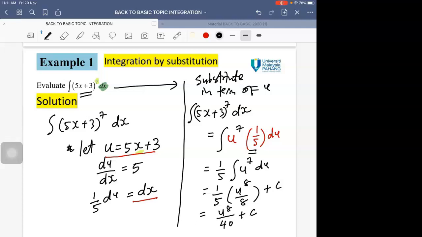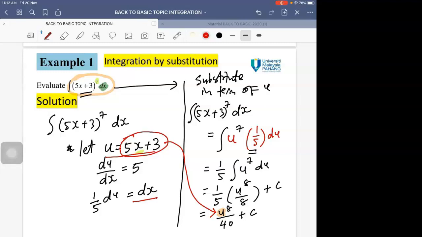Okay, because the original problem is in x. Soalan asal ialah x. So don't leave it like this. You must substitute back your u. What is your u? You substitute back 5x plus 3.